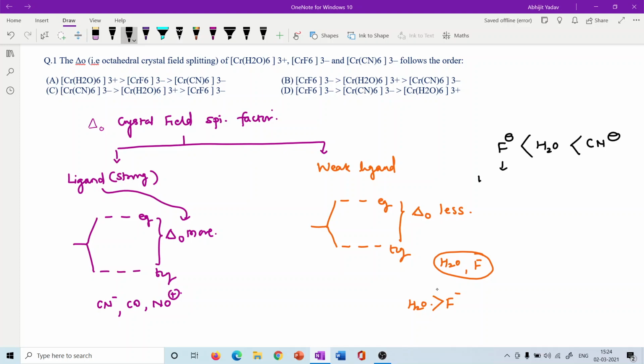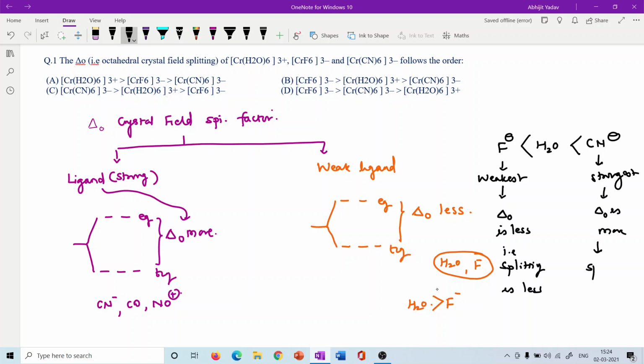So this is the weakest, and this is the strongest. As the ligand is weak, delta zero is less, that is splitting is less. Whereas in this case, delta zero is more, so splitting is more.